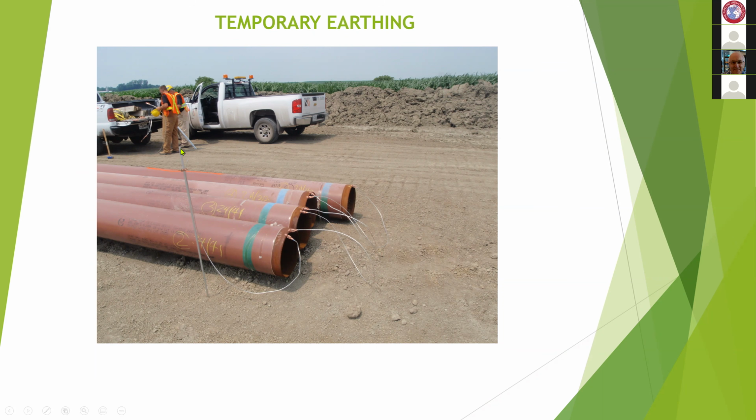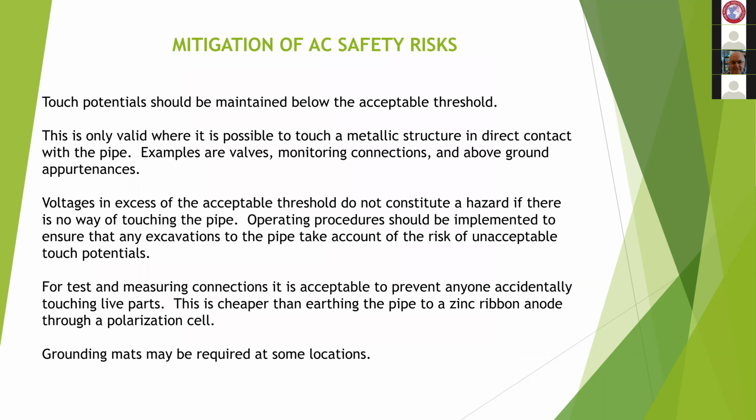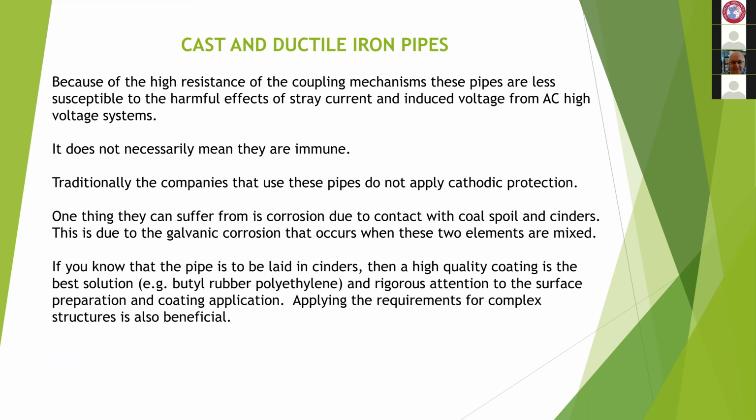And this is an example of how not to earth it, because that spike is supposed to be pushed all the way into the earth, so that as the AC voltage gets induced on there, it finds its way back to earth through the earth rod. So there are lots of ways that we can mitigate against AC safety risks. We can put grounding mats in, and we can make sure that nobody can actually touch anything that's live.